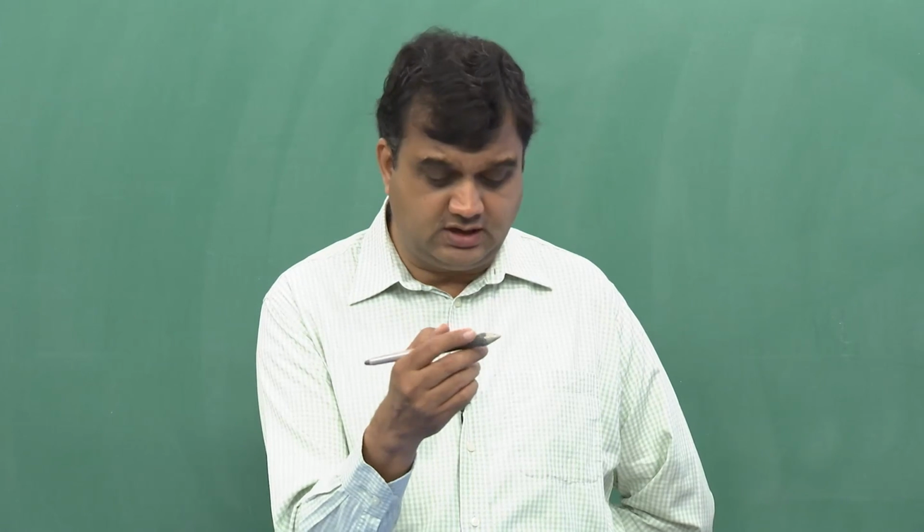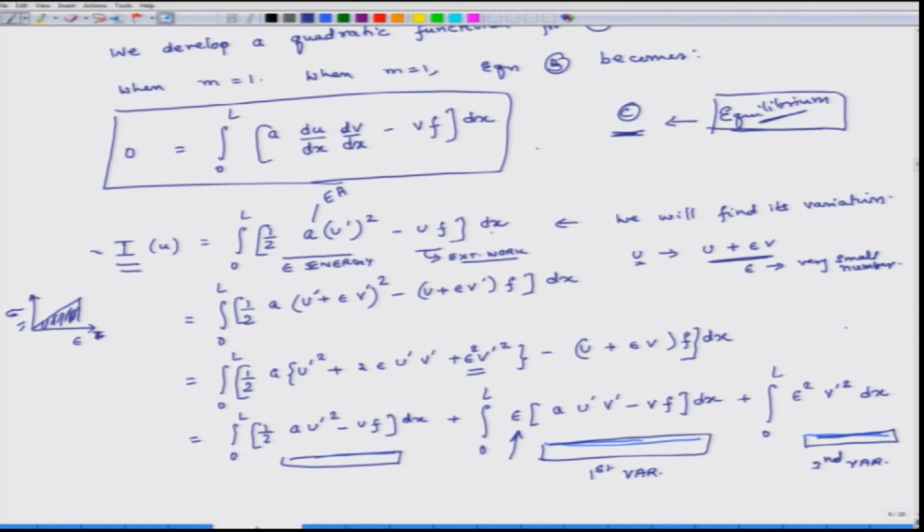Similarly, for a functional, I is a functional, for a functional to be at a minima, its first variation has to be 0. So, this first variation has to be 0 for equilibrium, right. And when you look at this, what are the terms here?